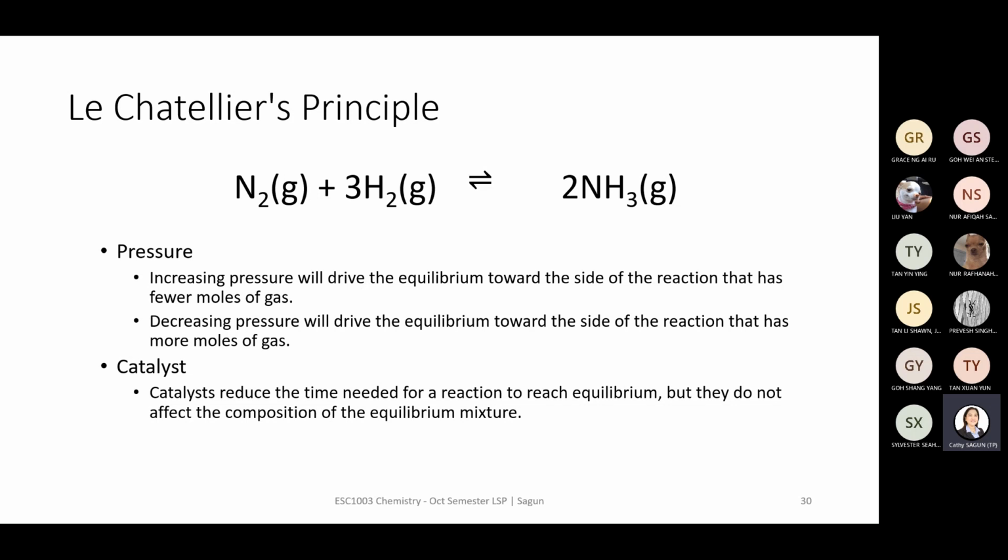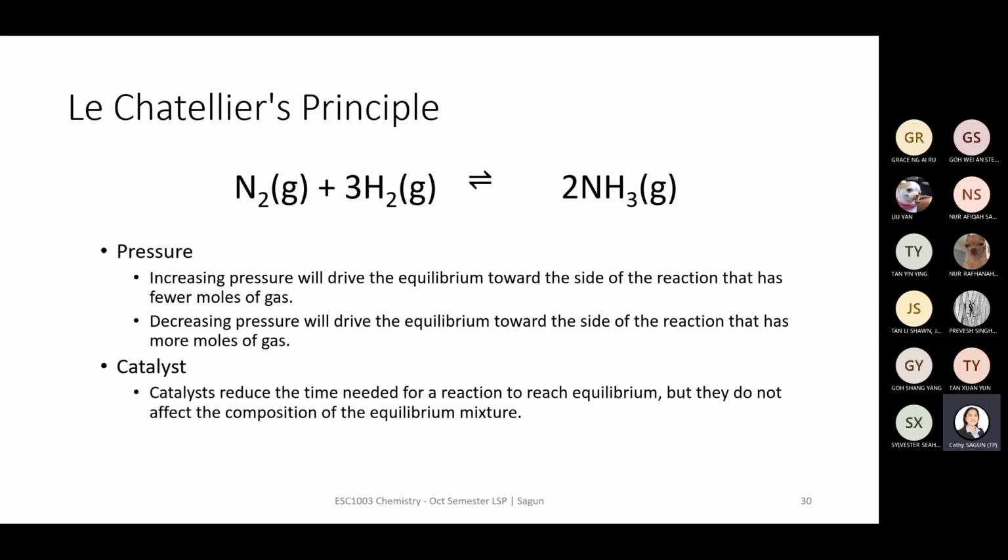So let's say, I normally would draw this something like this, so that I will remember it. When I increase the pressure, then this one goes down. And what will happen is that I will look for where there is less number of moles. I have 2 here, I have 1 plus 3, then I have a total of 4. So if I increase the pressure, the reaction will go here to the product side because I have less number of moles.